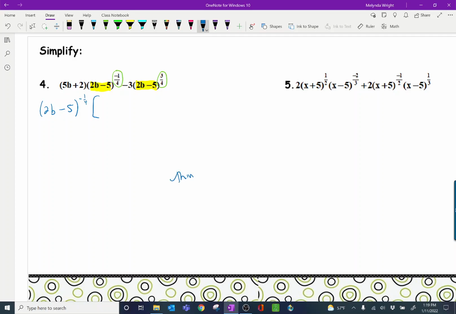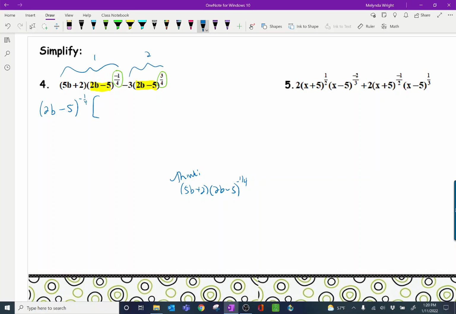Let's get our thinking box down here. Okay, so factoring is dividing. So I've got 5b plus 2 times 2b minus 5 to the negative 1/4. That's my term number 1. And I have a term number 2.